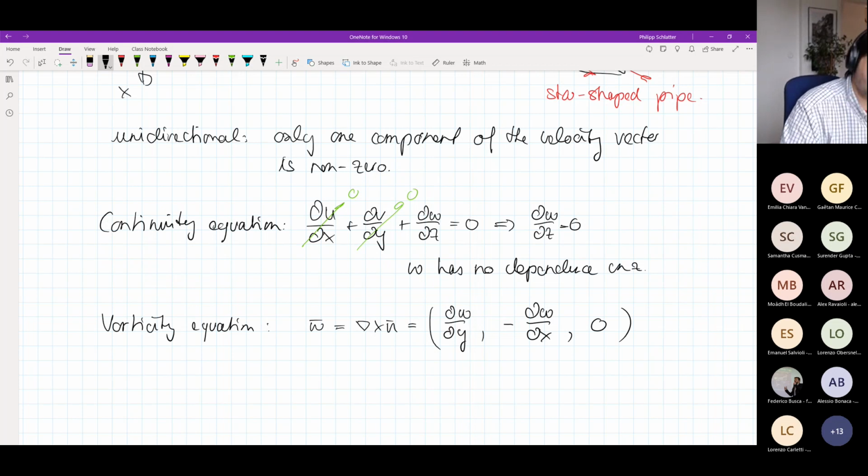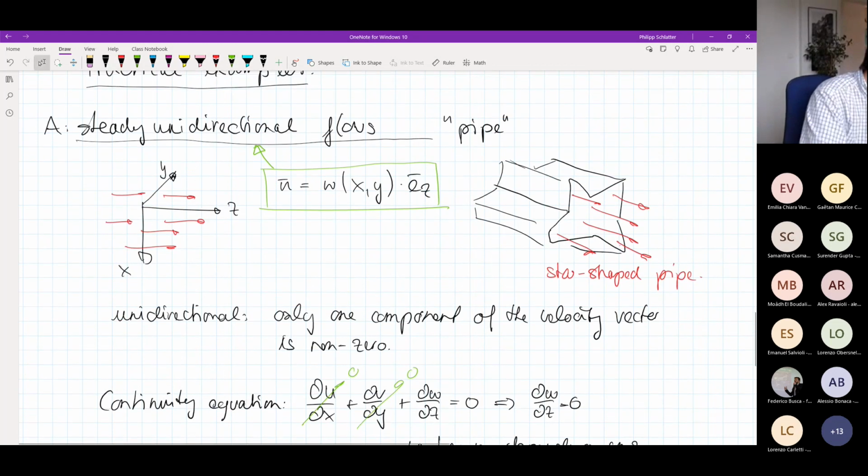All the other terms which involve u and v are 0, because u and v, the velocities in the x and y directions, are 0.